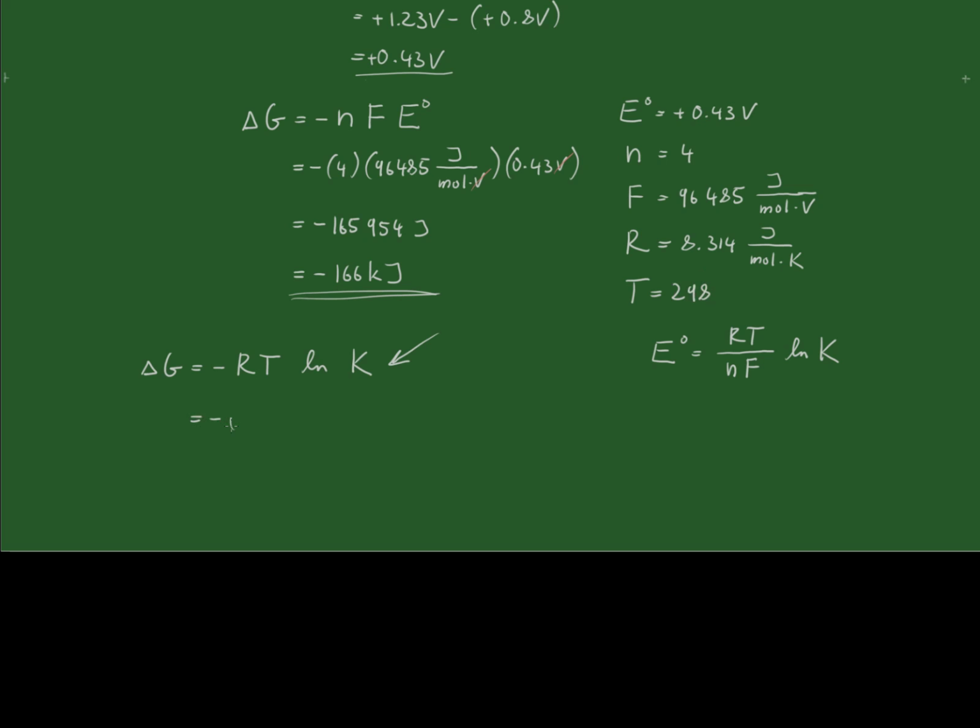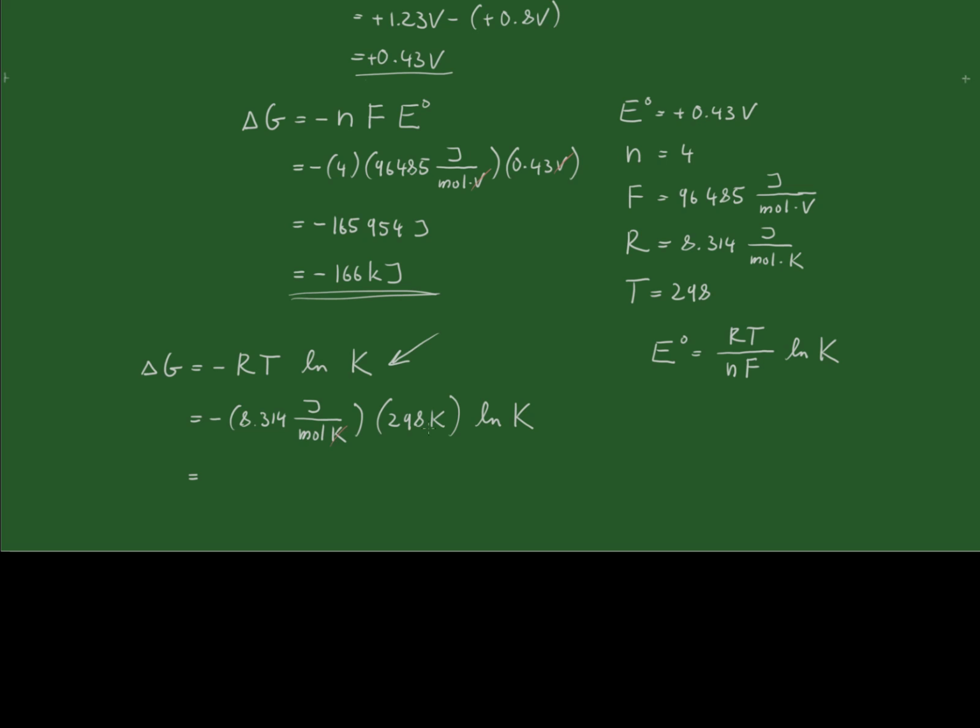So I'll have minus 8.314 joules per mole Kelvin multiplied by the temperature, 298 Kelvin, multiplied by the natural logarithm of K. And now I can use those numbers, and I can also cancel some units.